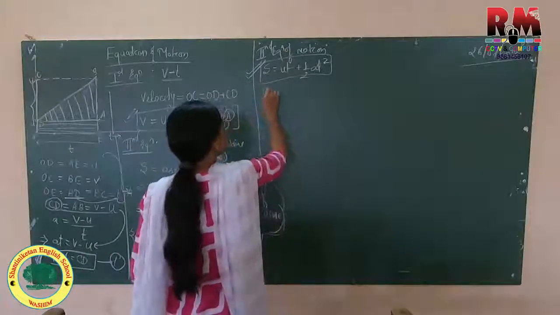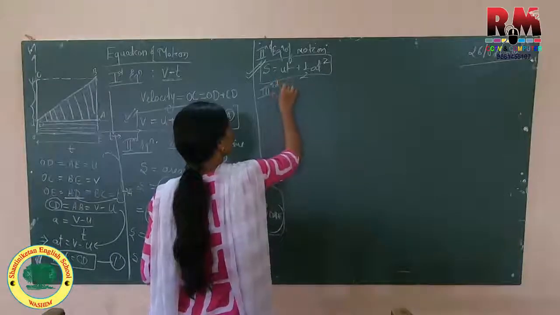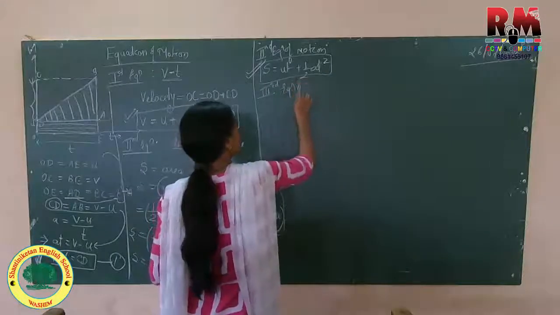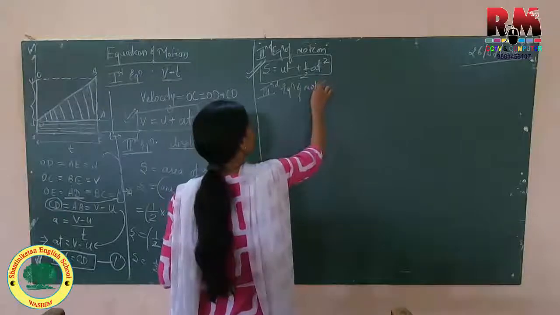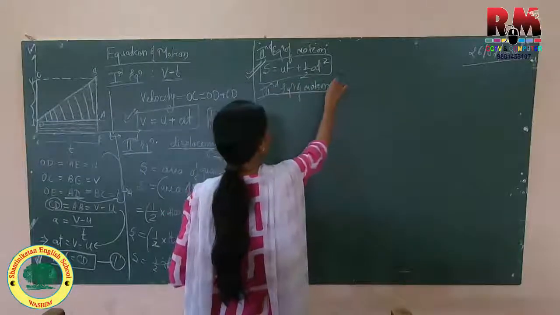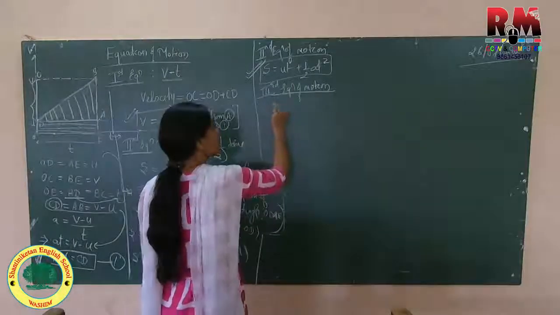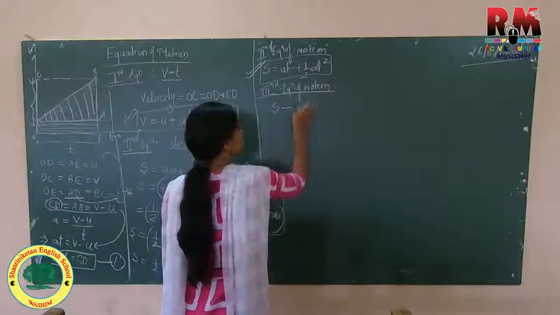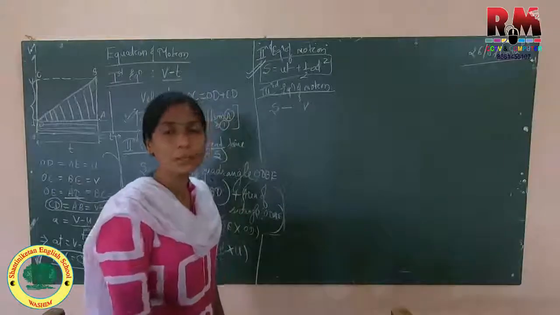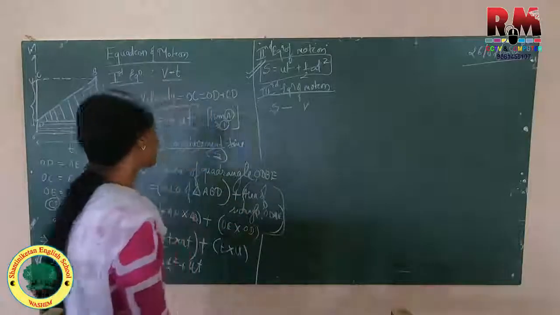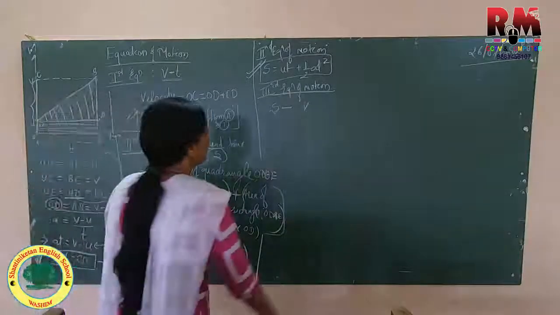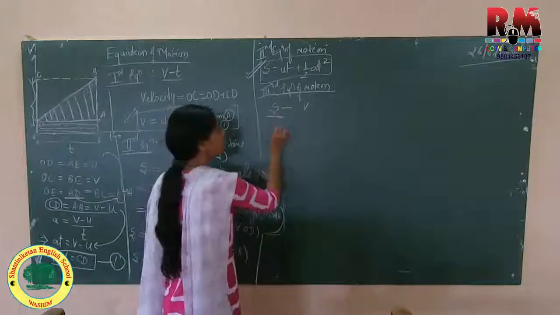Now let us find the third equation of motion. For finding the third equation of motion, we are going to use the same graph. Children, the third equation of motion is again between distance and velocity. If I want to find distance, what do you have to take?